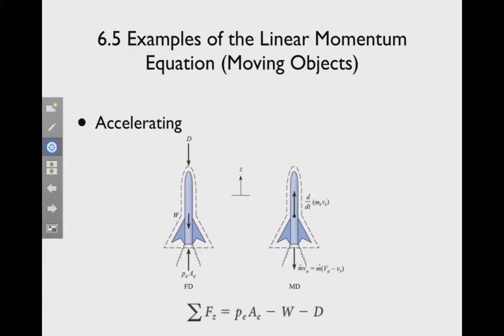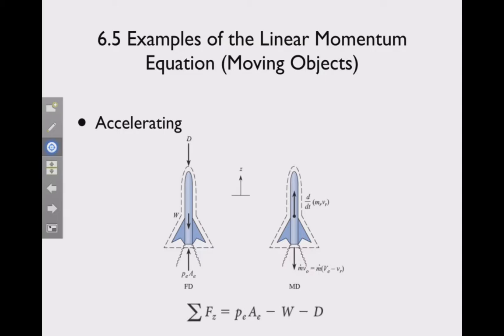Now on the right here, if we look at the momentum, we can see that we have only outflow. Through this control volume, there's no inflow of momentum anywhere. We just have an outflow. From the point of view of the inertial reference frame, the momentum outflow is going to be the mass flow rate times the difference between the exhaust velocity and the actual velocity of the rocket.